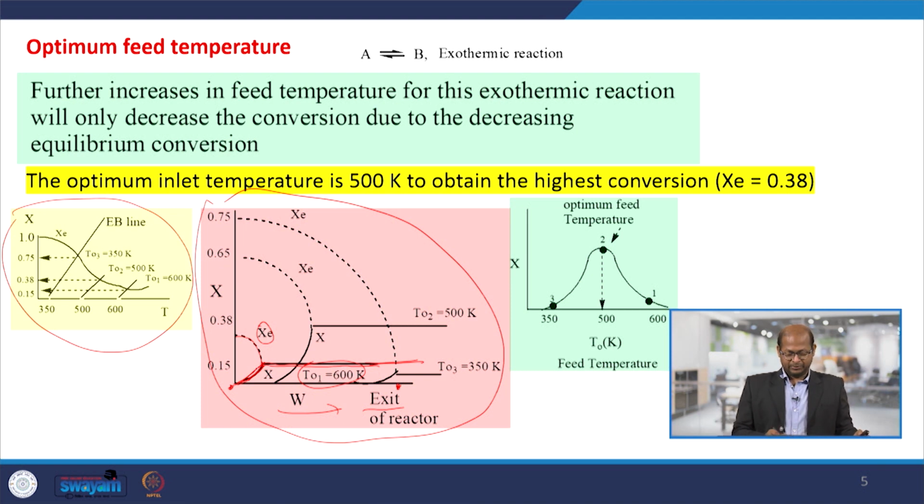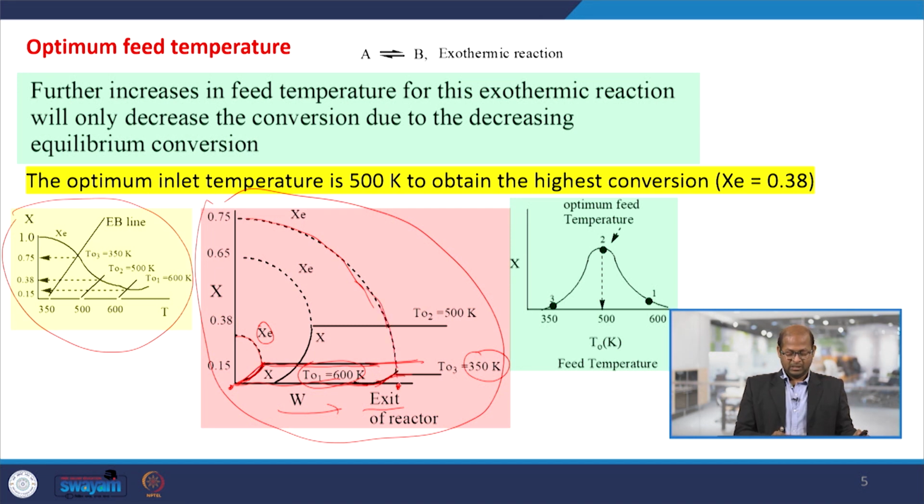But when we start with, let us say, a low temperature of 350 Kelvin, the feed inlet temperature is very low, so the conversion is very low when we start from here. Then this is the exit of the reactor, and it would reach here, but the equilibrium conversion is very high, in this case 75%.